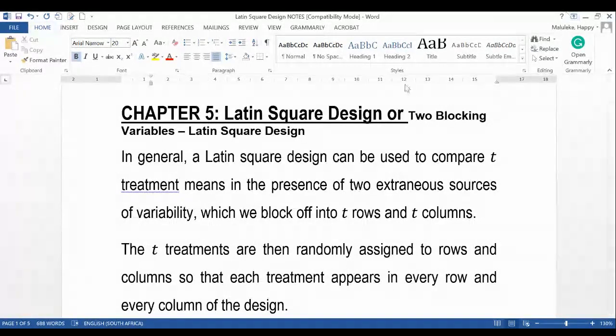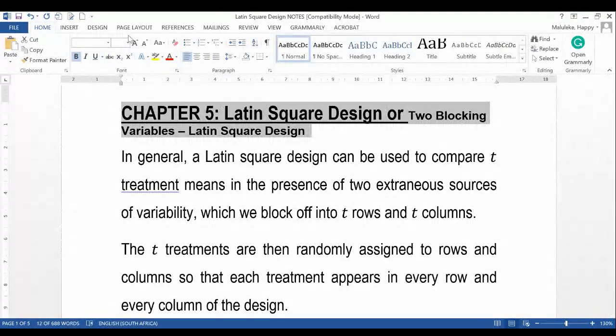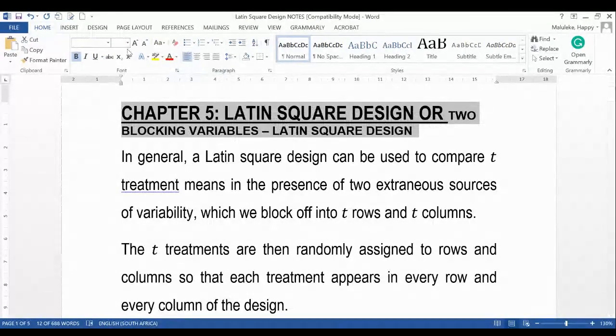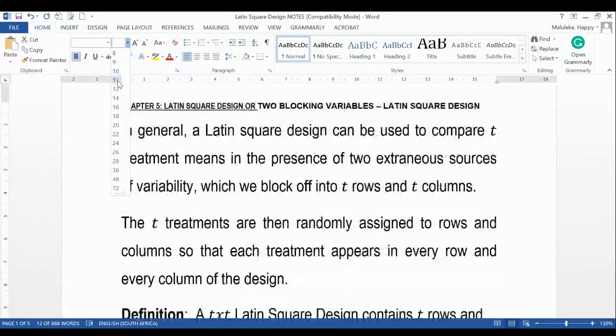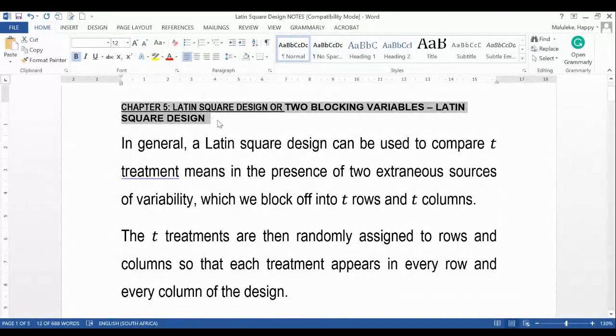So now, here's your chapter 5. Chapter 5 is Latin Square Design. The difference between this design and chapter 3 is that here you are having two blocking factors.